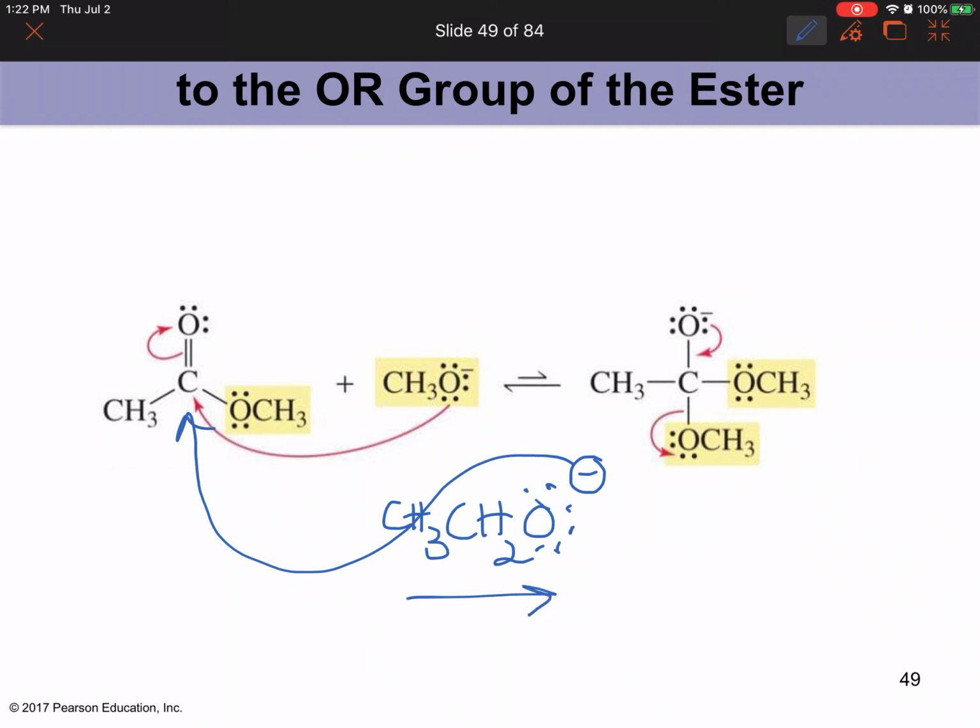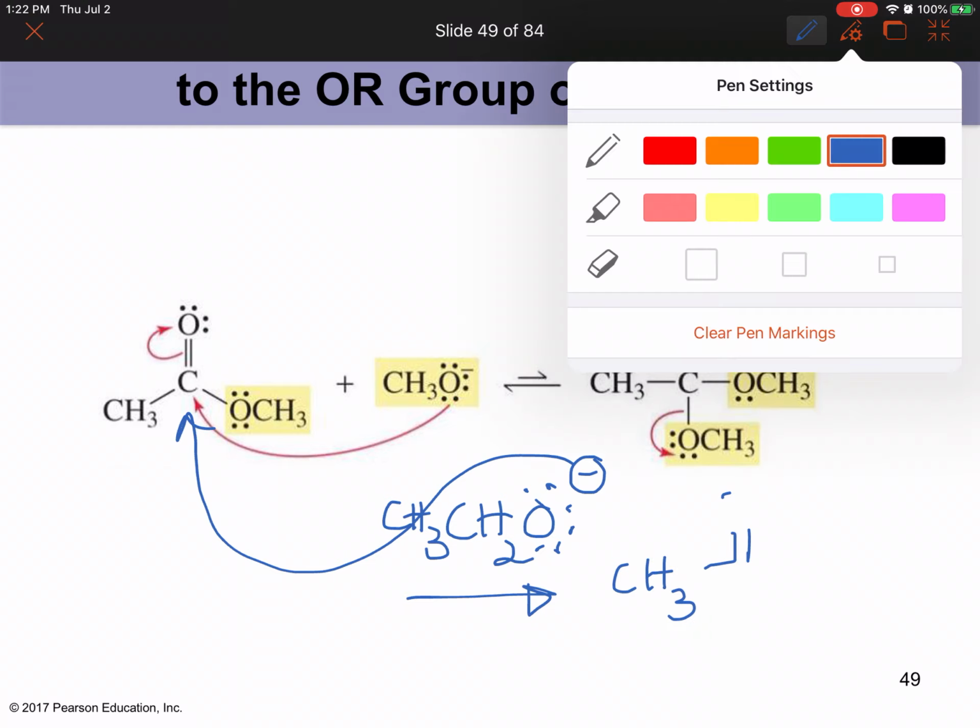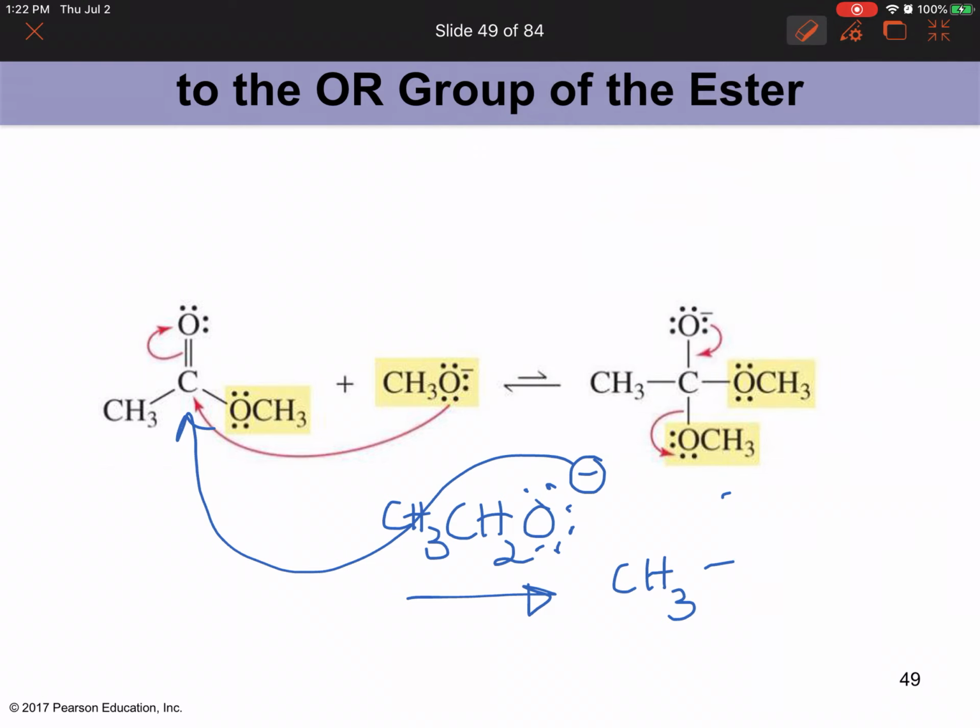It's possible that this can happen in the reaction medium, and then you are going to form this molecule with O minus. On one side you have OCH3, and on the other side you can have OCH2CH3. Now this is a reversible reaction and the ester wants to reform.